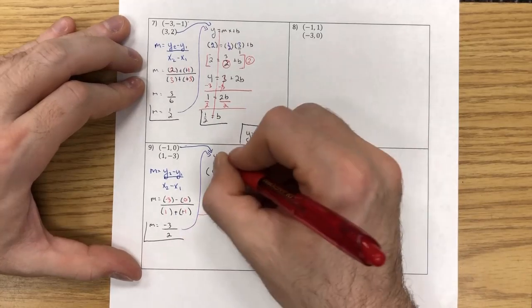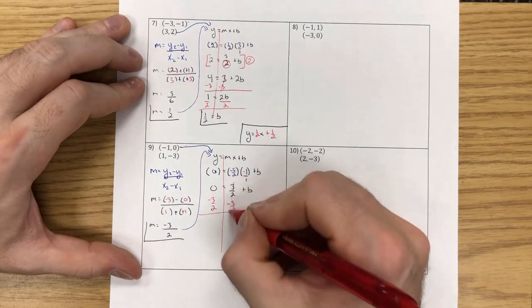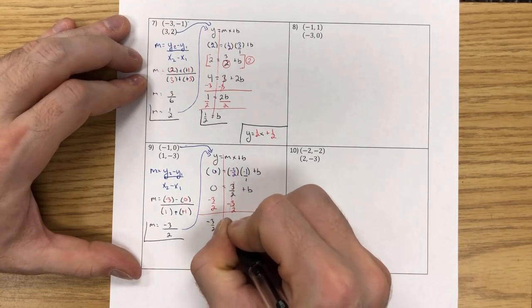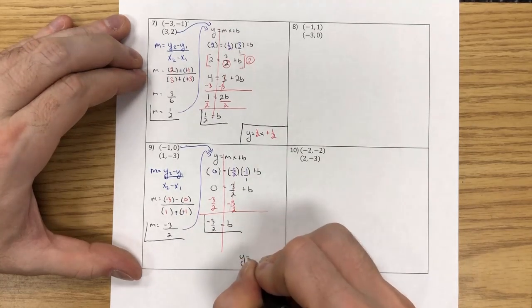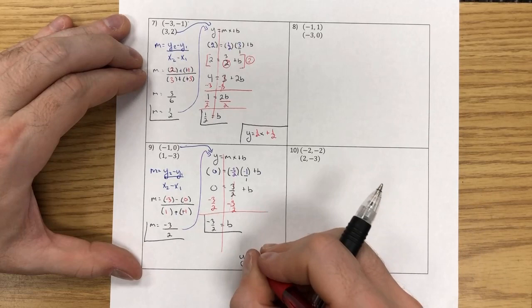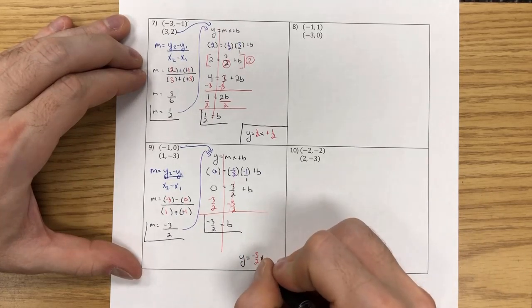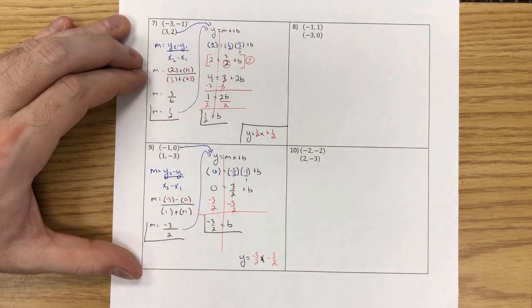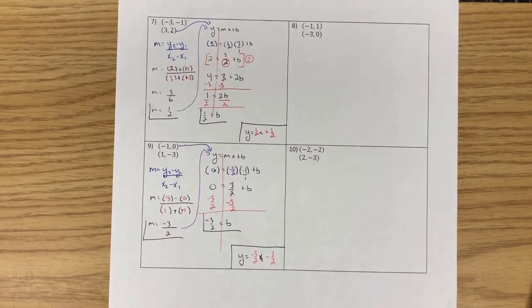And because I'm subtracting from a 0, it doesn't really matter. It's just going to be whatever that thing is. So negative 3/2 is equal to b. Awesome. So I have a y equals negative 3 halves x minus 3 halves. And so check, see how you did? And there we go.